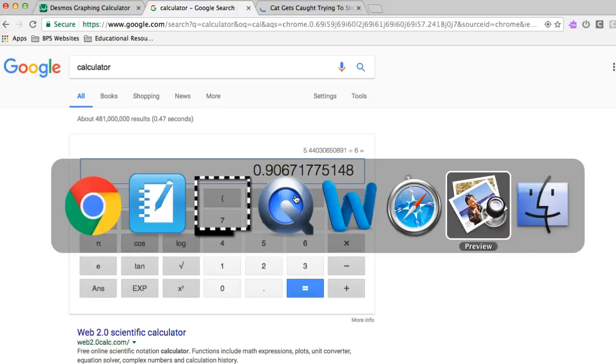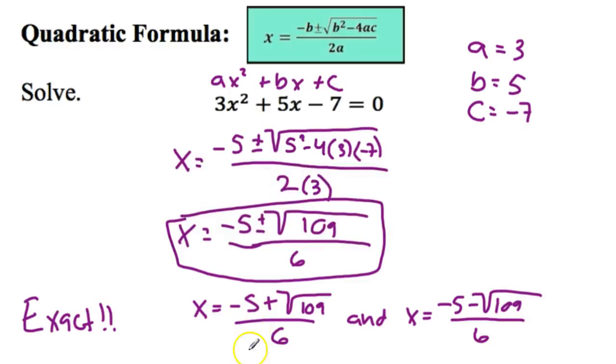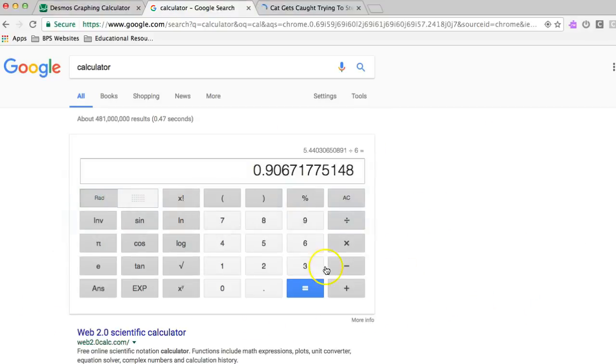All right, let's see here. So this is really 0.91, right? This is not exact, I rounded it, but it's the same thing. Now let me try this one over here. This is negative 5 minus square root of 109 divided by 6. So clear this all out.